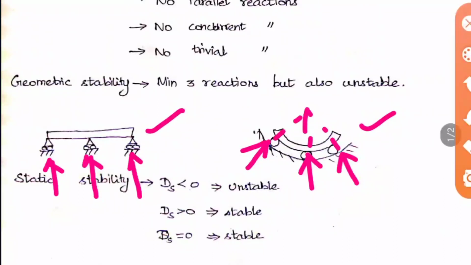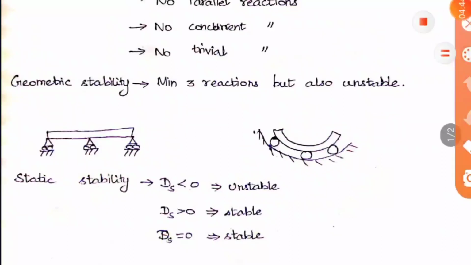Now let us see the next case, that is static instability. This we have seen already in the lecture on static determinacy of structures. We calculate ds with the formulas, no? When ds is equal to 0 or greater than 0, only then do we call that structure a stable structure.